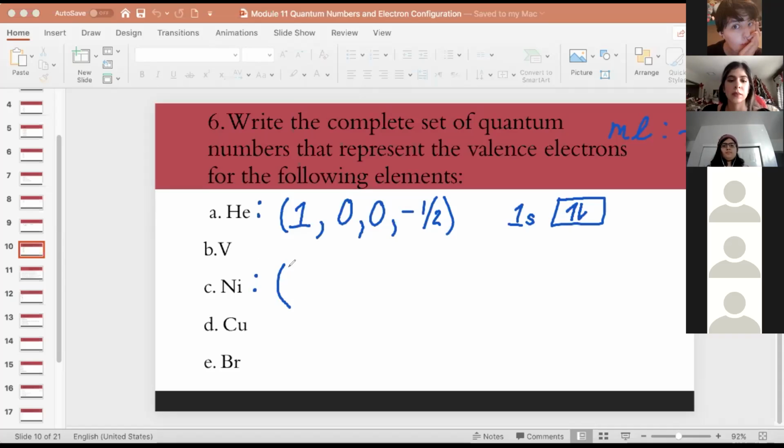Okay. Anyone else want to give it a shot? For L? Hint, hint, it might help if you guys do the electron configuration on your end.